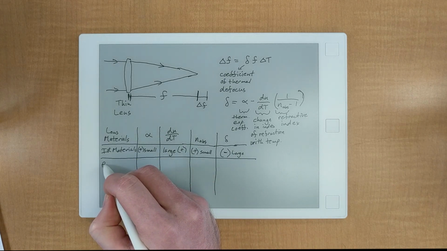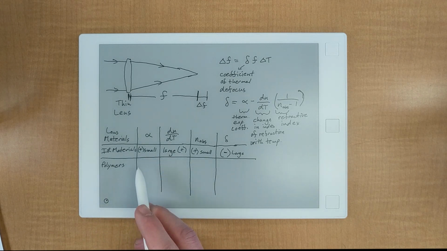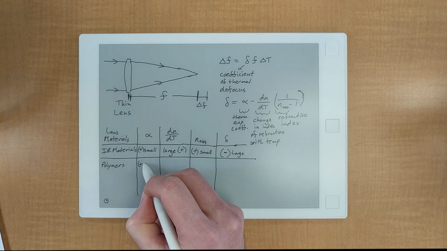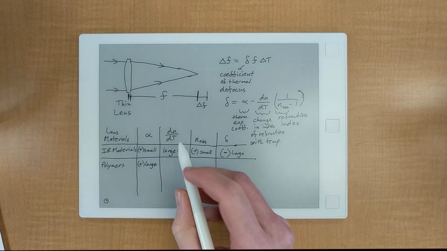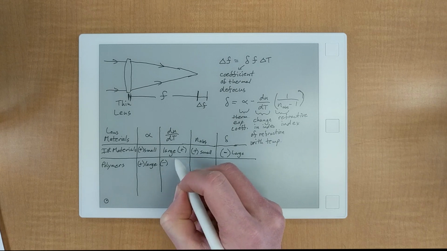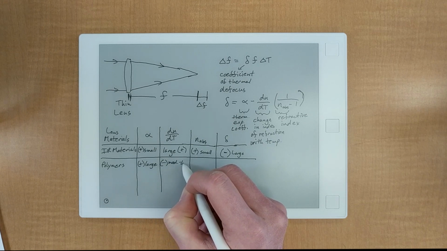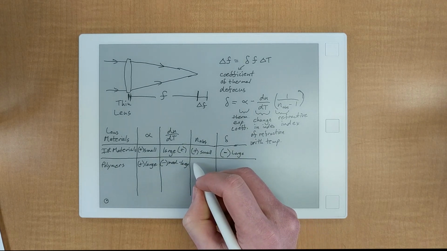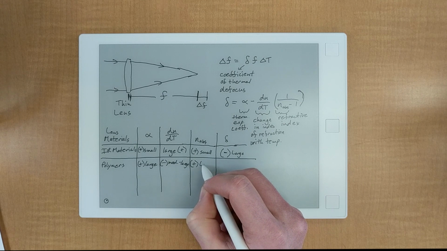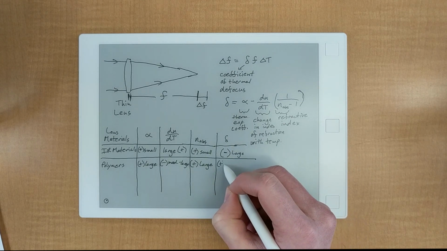If you compare that to polymers, you'll have a very large and positive coefficient of thermal expansion, and then you'll have a fairly medium to large negative dN dt.